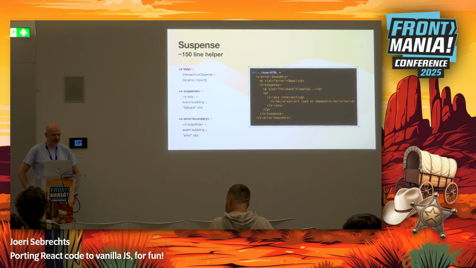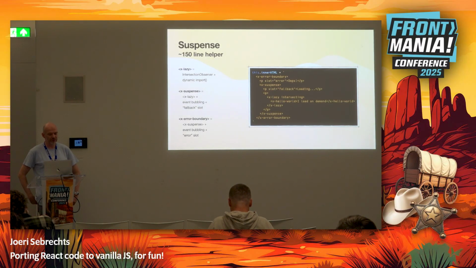So the suspense component, the suspense custom element, is just listening to those events. And when it notices that something is loading, it will show the fallback content. And when loading is done, it will show the regular content. That uses Shadow DOM. Shadow DOM has this capability of slots where we don't have one set of children, we have as many sets of children as we want, and we can choose which ones we are showing at any time.